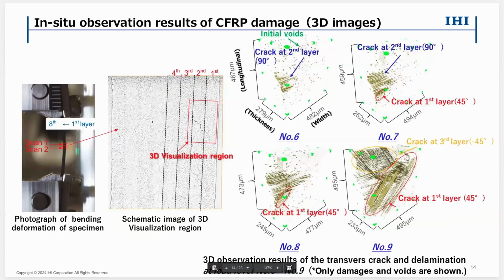Next, I will talk about the in situ observation result of 3D images. The right figure shows a 3D reconstruction image of the transverse cracks and delamination at load levels number 6 to number 9. As we can see, only the crack damage and voids are shown here.